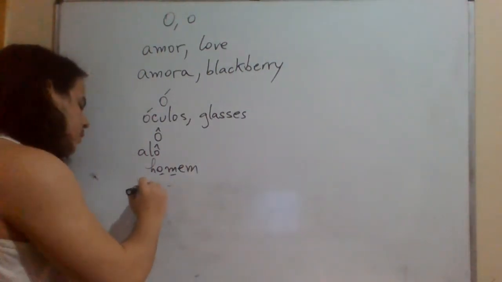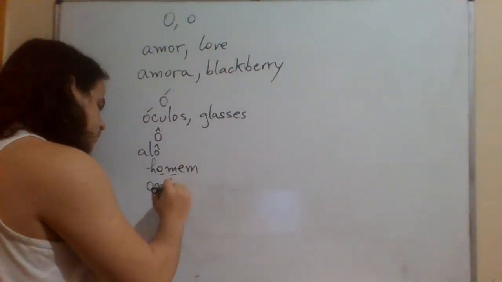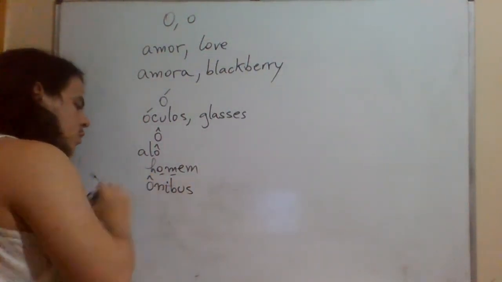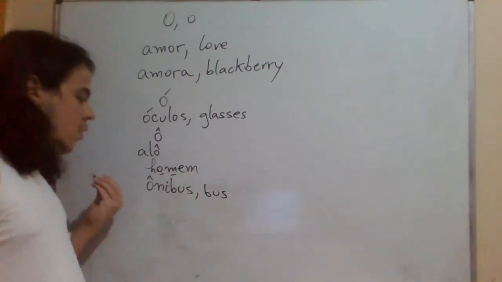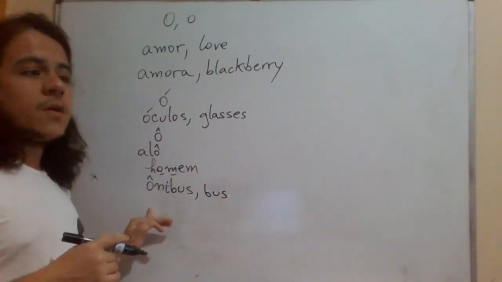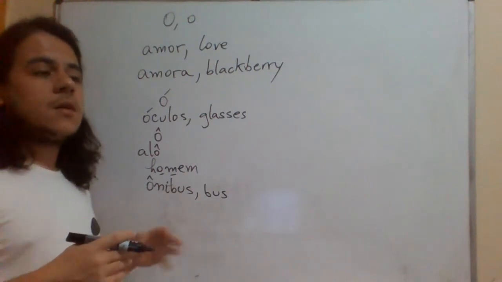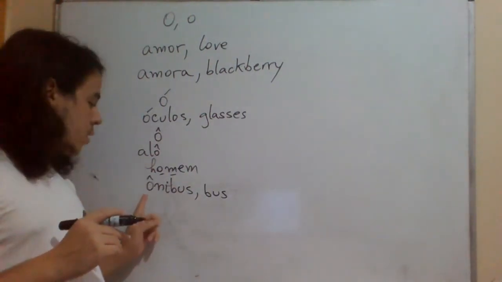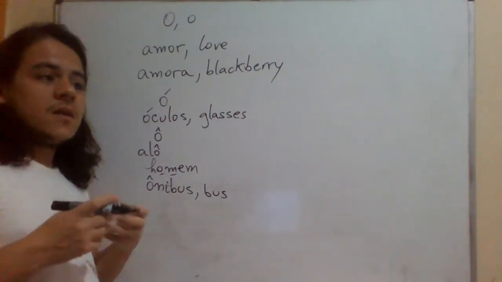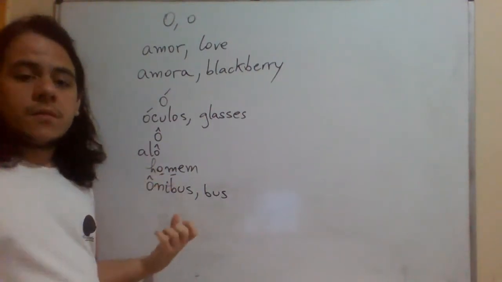Another example, here, ônibus. It means bus, ônibus. So we have letter O before letter N, and it has a nasal sound. And notice that letter O and letter N are in separate syllables.